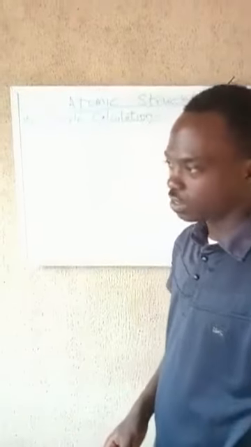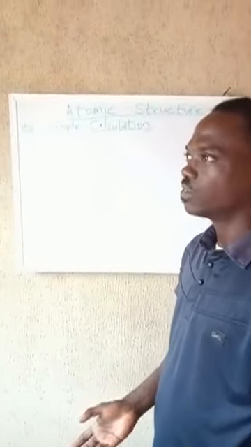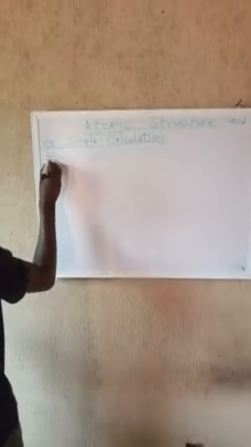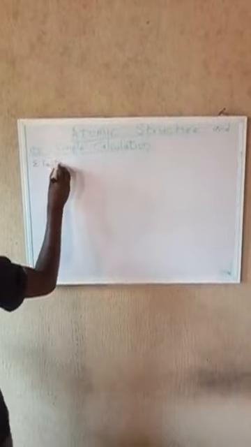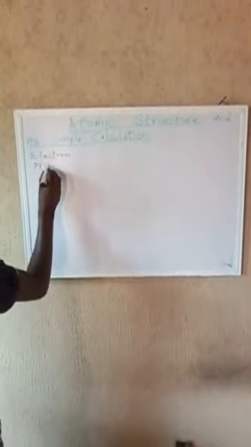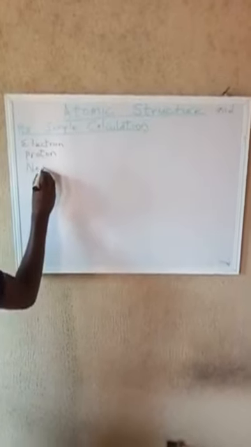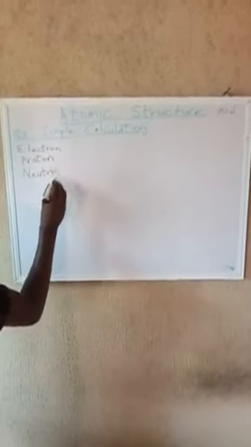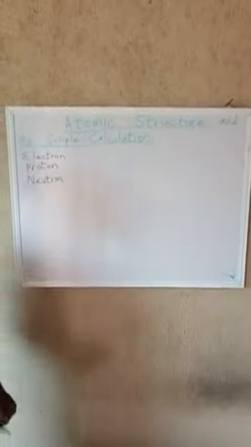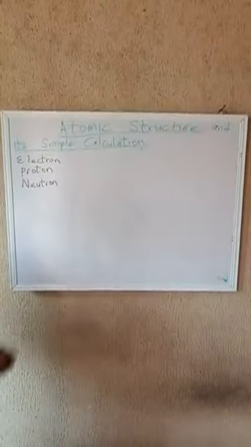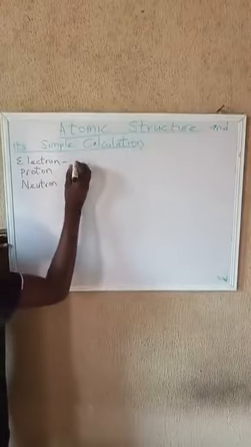Atomic structure is made up of three fundamental particles, which are the electron, proton, and neutron. These are the three fundamental particles that make up the atomic structure. The electron is negatively charged.